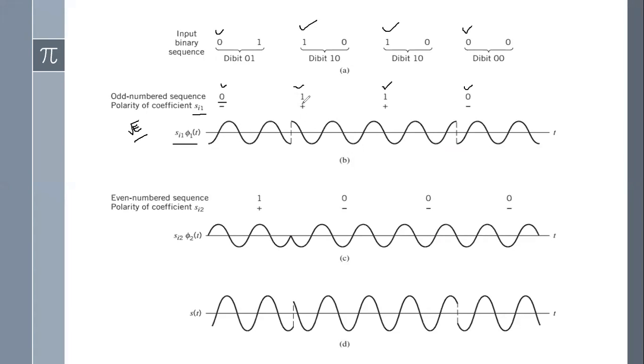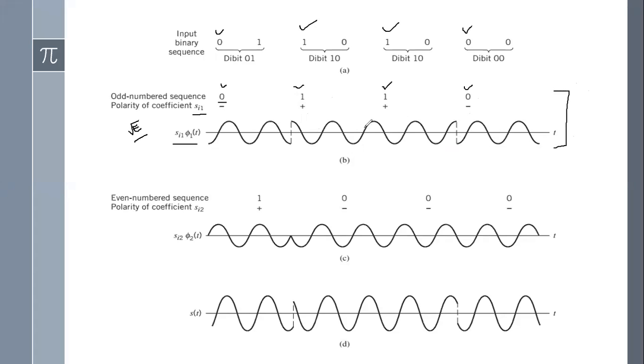When there is a 1, we have a phase change and we get a signal like this. Again when 0 appears, we have a cosine signal. So what we are doing is binary phase shift keying, a phase shift of pi, or 180 degrees.